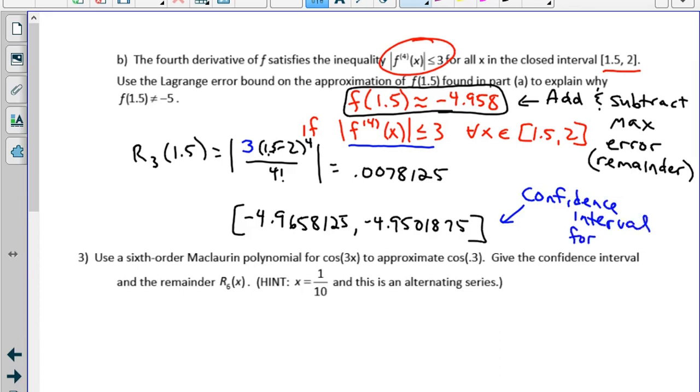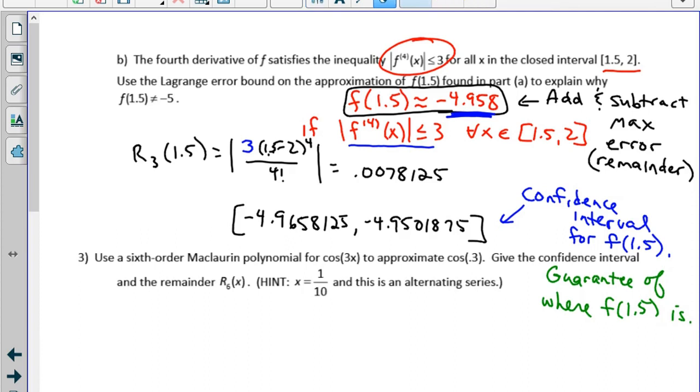for f of 1.5. So I know that for f of 1.5, the approximation was negative 4.958. My confidence interval is what I can guarantee f of 1.5 is between. So this is my guarantee of where f of 1.5 is. It has to be somewhere in that interval.